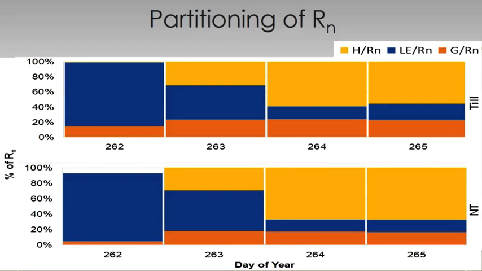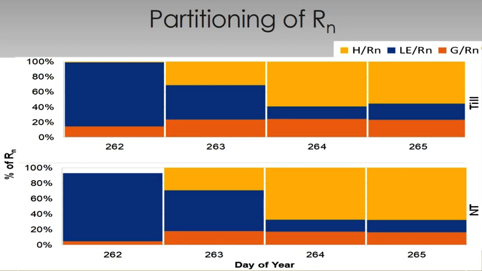And again, looking at the partitioning during our second period, we see that latent heat flux dominated the partitioning of net radiation during this period, to the point that on the first day sensible heat flux was negative, as latent heat flux was partitioned 100% and more of the available energy, which we believe was caused by energy brought into our system through wind, as our highest wind values were also observed during this day.